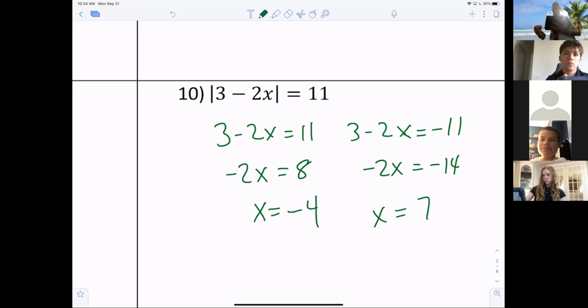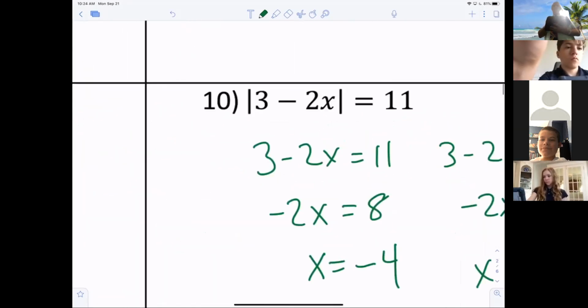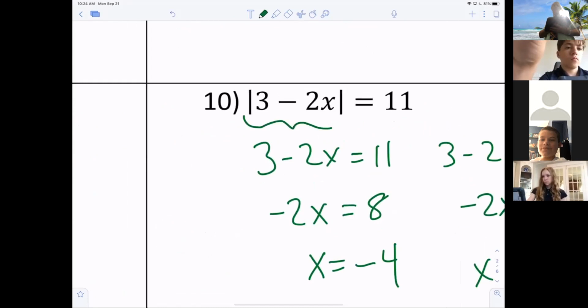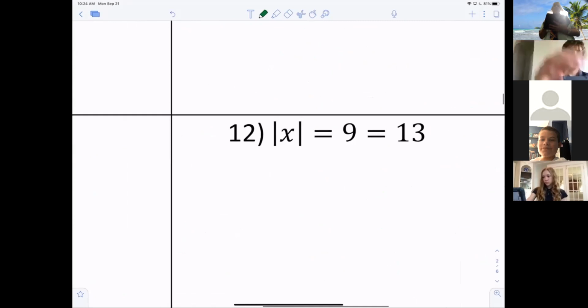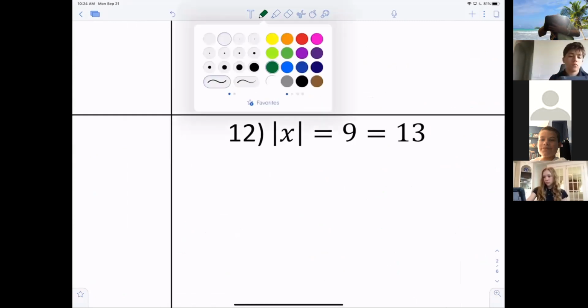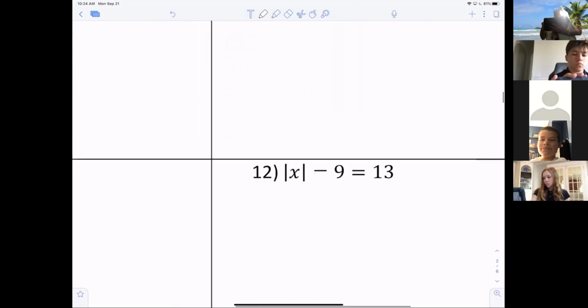Write two equations. Now, notice here, we say the absolute value is isolated. So I want everybody to put a star on number 12. All right, and what I want to do on number 12 is this was supposed to be a minus sign. Sorry, guys. The absolute value of x minus 9 equals 13. So why is this one different than the previous problem?